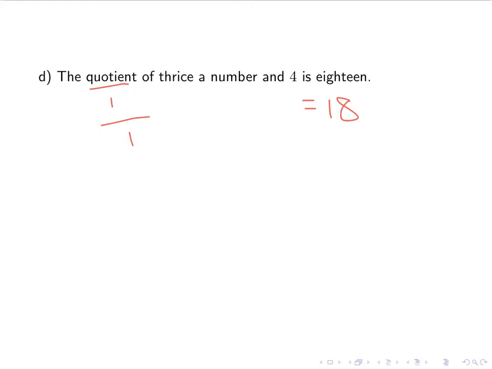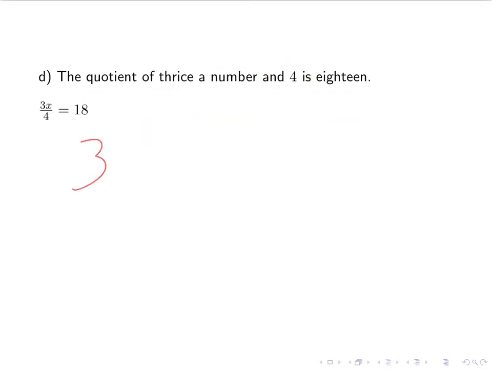With the word quotient, it's going to be in order. So the first guy is your numerator, the second is your denominator. So 4 is my denominator, and then thrice a number. Thrice means 3 times: once, twice, thrice. So 3 times a number divided by 4 equals 18.